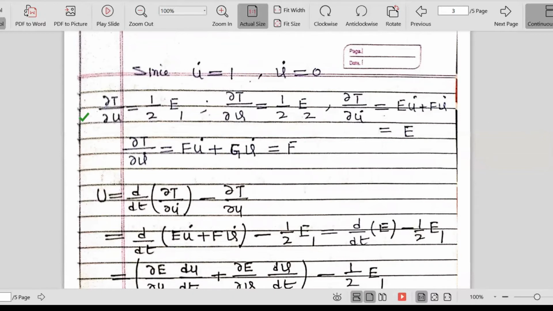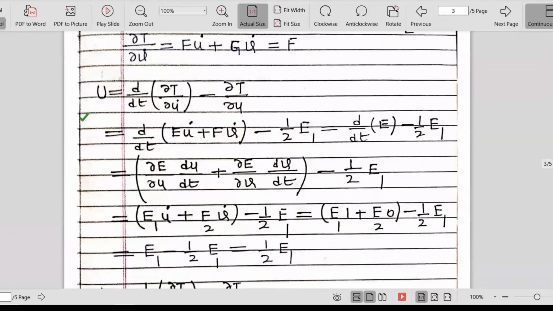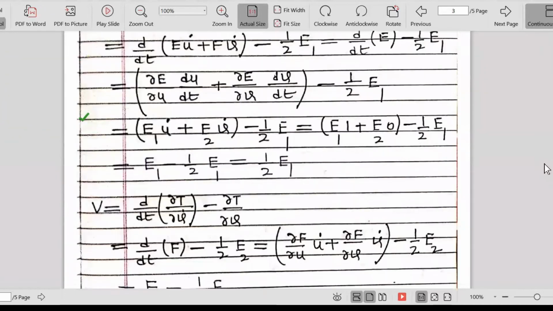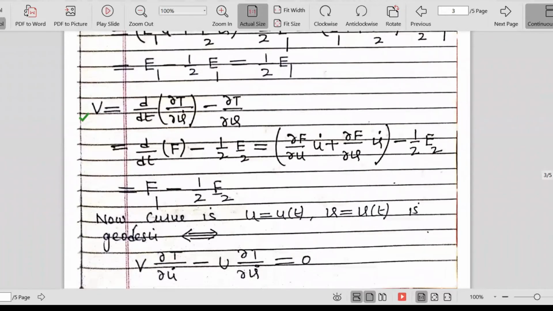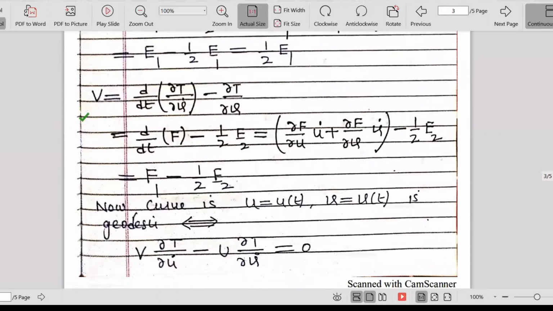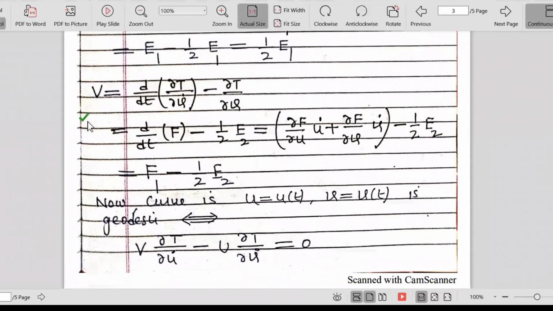Now substitute all these values in the equation of capital U. So that is of this form, which is equal to E1 minus 1/2 E1, which is equal to 1/2 E1. Similarly, we substitute the values of ∂T/∂v̇ and ∂T/∂v, so we get the value of capital V.